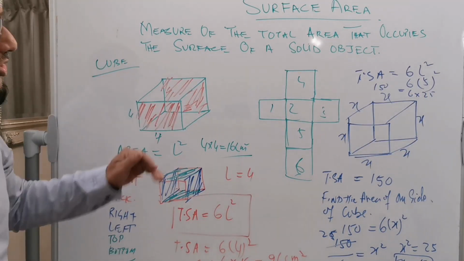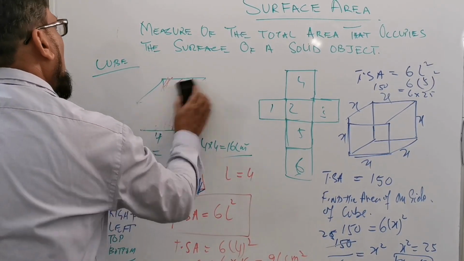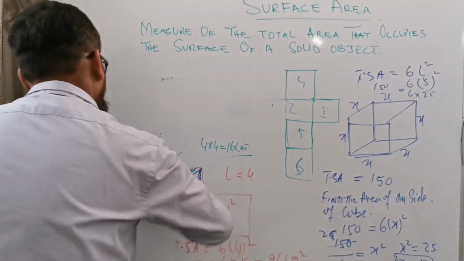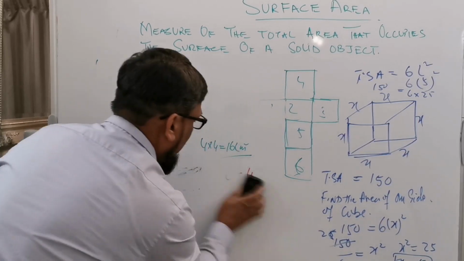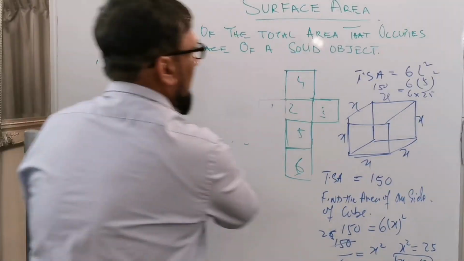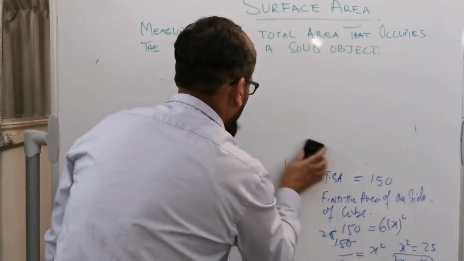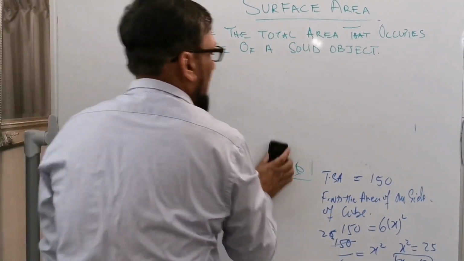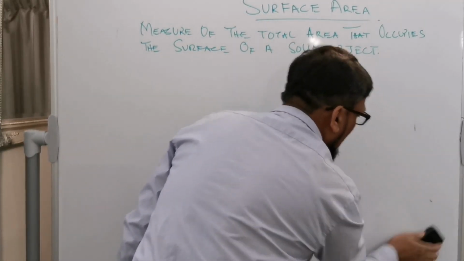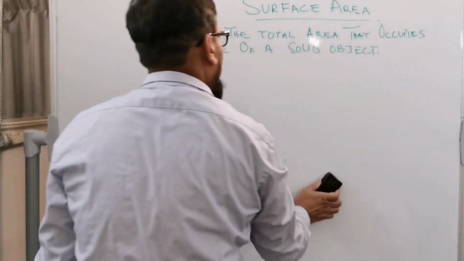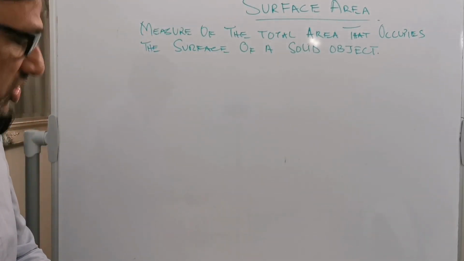Now I'm going to move quickly to cuboid. A cuboid has 6 rectangular faces. There are 6 faces, but the shape is different, not like a square. It has different dimensions.